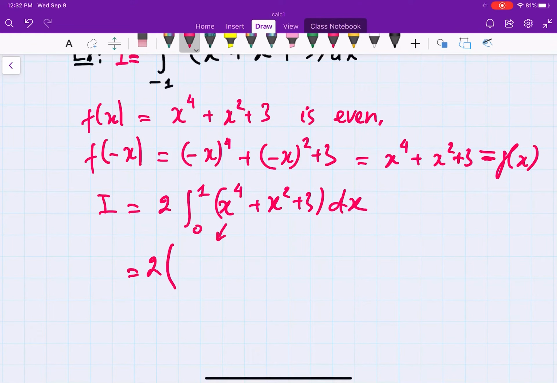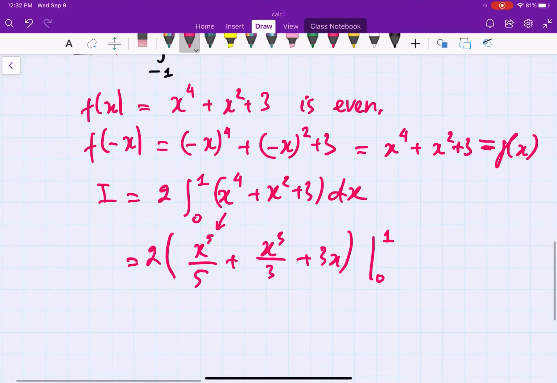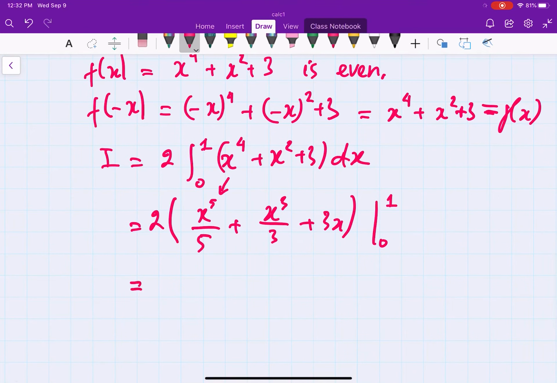That is 2 times x to the 5th over 5 plus x cubed over 3 plus 3x, evaluated from 0 to 1. The function at 0 is 0, so we don't write it. At 1, I have 1/5 plus 1/3 plus 3.